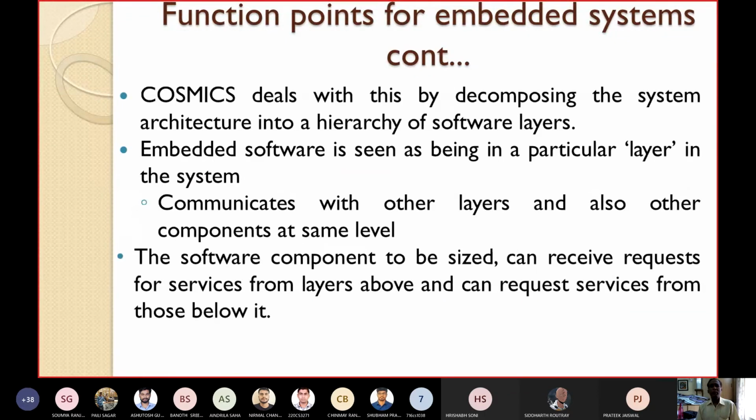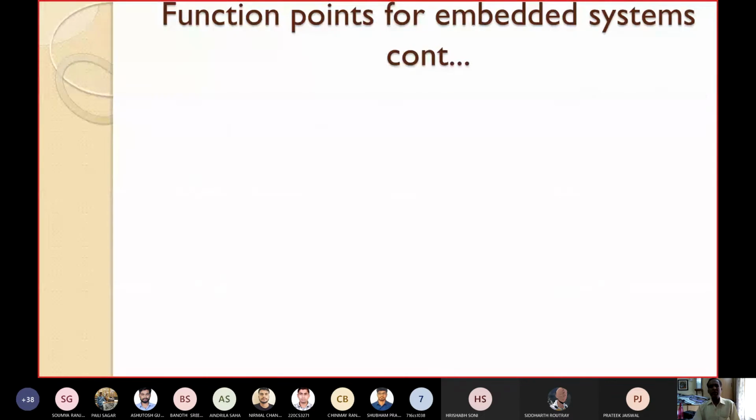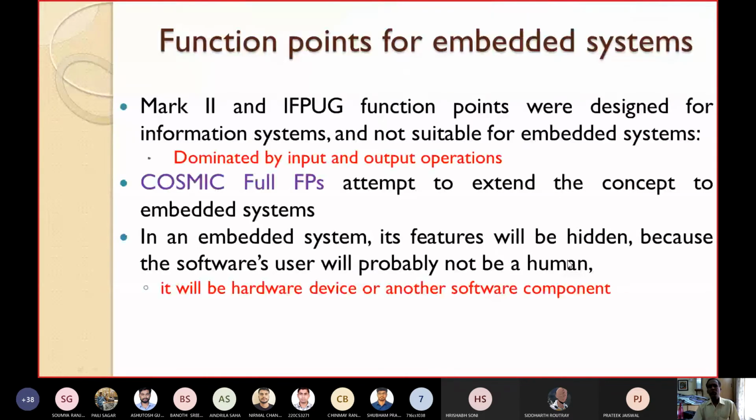The COSMIC function points deal with this by decomposing the system architecture into a hierarchy of software layers. As I have already told you, here the features will be hidden because the user may not be a human.